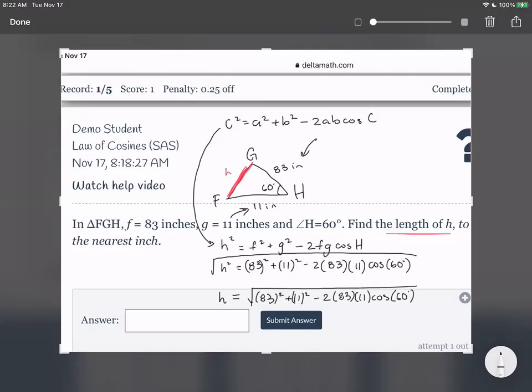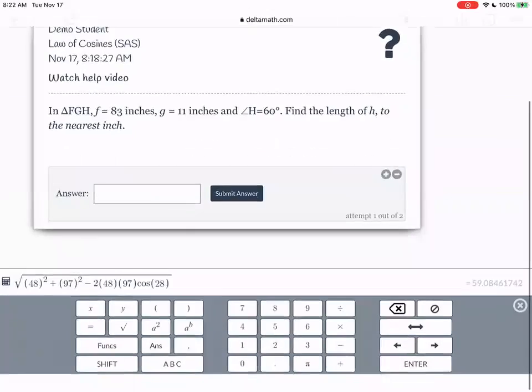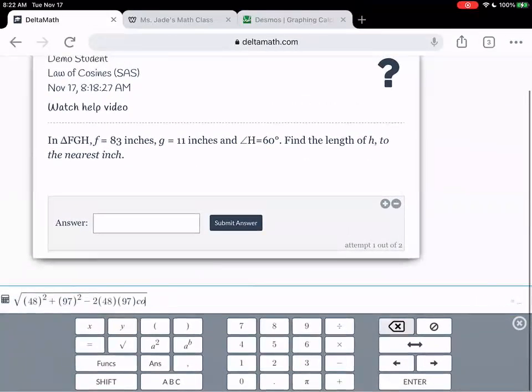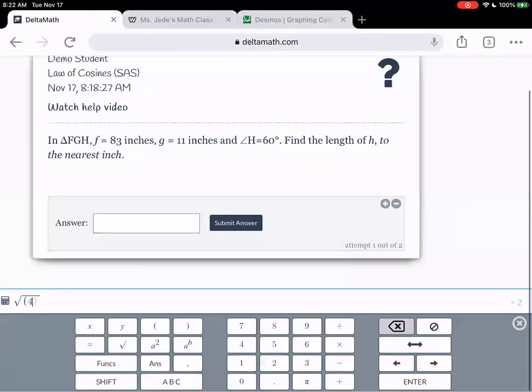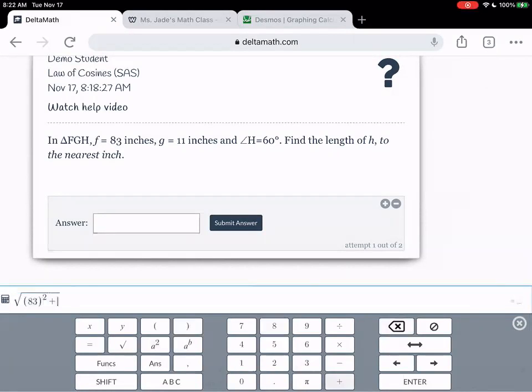Okay, so let's go type this into the calculator. The calculator's already here. So we want the square root of 83 squared plus 11 squared minus 2, 83. Oops, I did not type the minus 2.